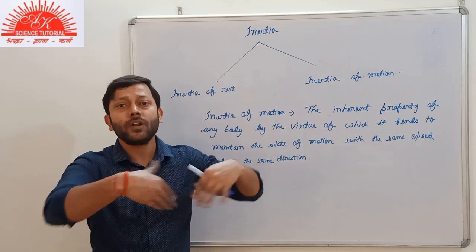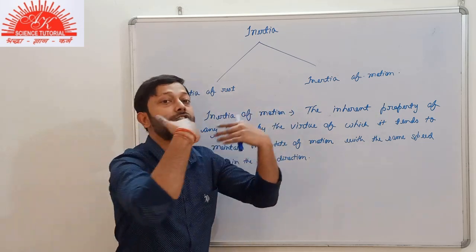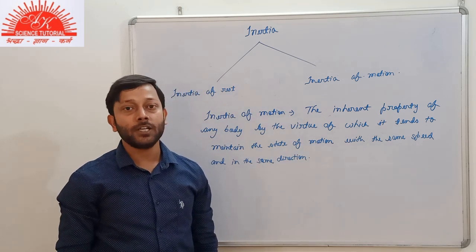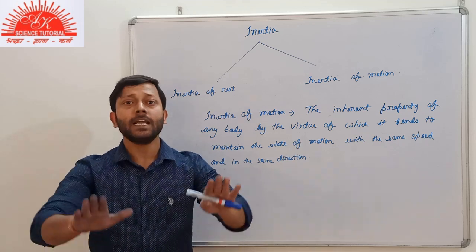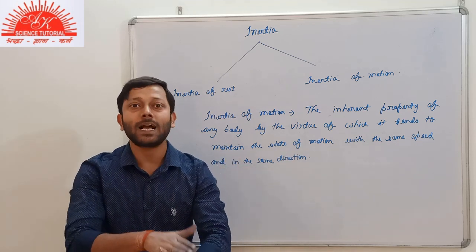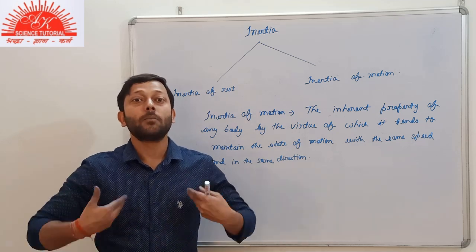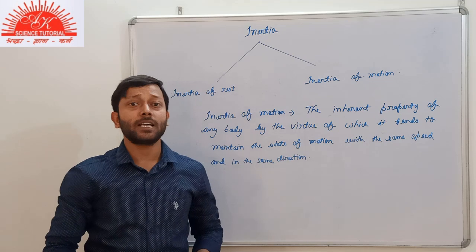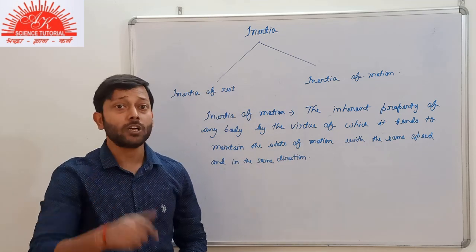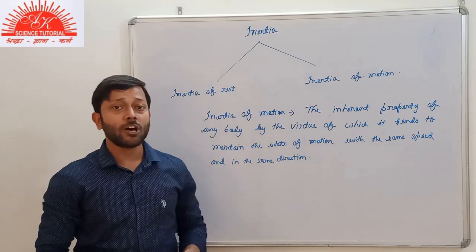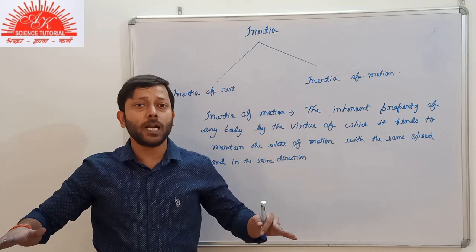As I told you, the train is moving, and along with the train we are also moving. But if all of a sudden we jump out of the train, the lower part of our body, the legs, instantly come to rest as soon as they come in contact with the earth. But the upper part has a tendency to continue, because no force is being applied on the upper part by the ground. Due to inertia of motion, the upper part, as no force is applied to it directly, tends to maintain its state of motion in the direction of motion of the train.